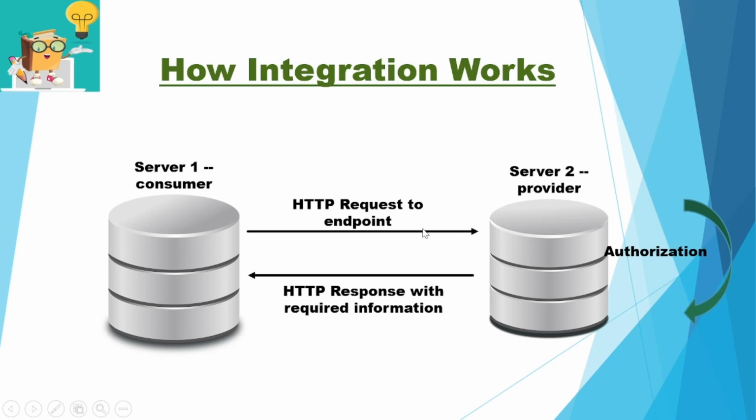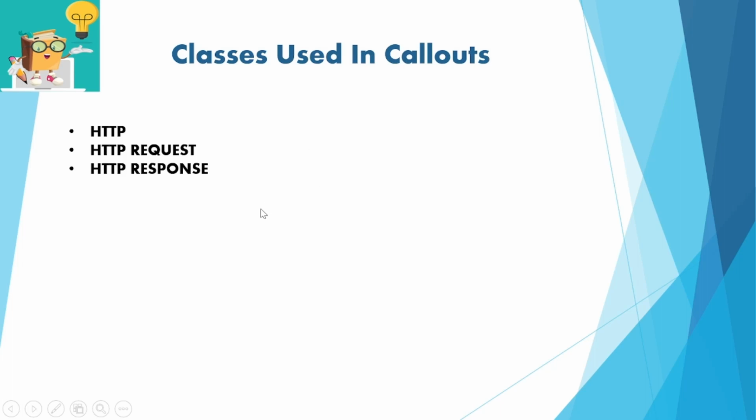The provider will accept this HTTP request, process it, and whatever outcome happens because of this processing will be stored in HTTP response and sent back to the consumer. So here we have three major classes being used: HTTP, HTTP request, and HTTP response.